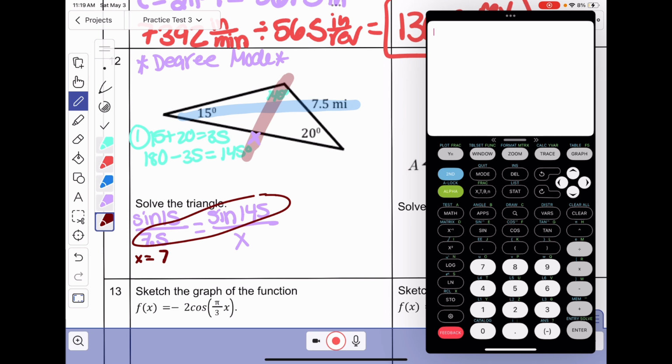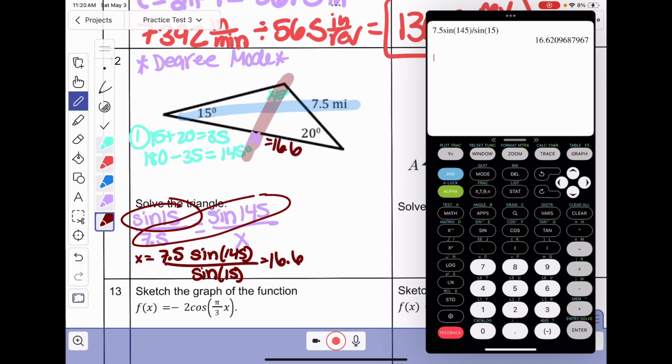X equals 7.5 times sine 145, and we divide by sine 15. Make sure we close parentheses in the calculator. Otherwise, you're going to end up taking sines of things you don't want to. So 7.5 times sine 145 divided by sine 15 is 16.6. So that's how long this side is, 16.6.